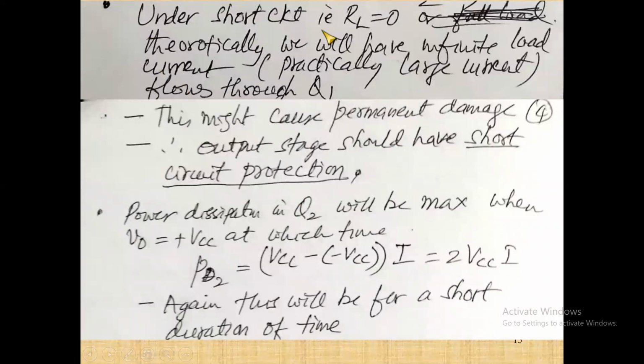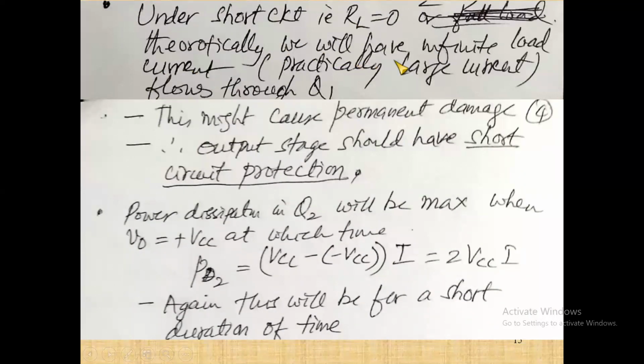Then we come to short circuit conditions, which are more of a problem than the other conditions. Short circuit condition occurs when RL equal to 0, when the load resistance is equal to 0, and theoretically we will have infinite load current.